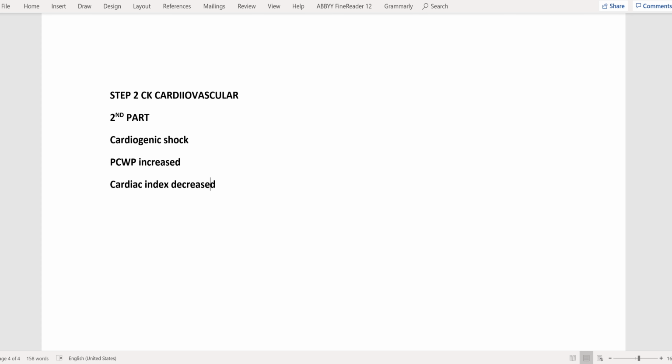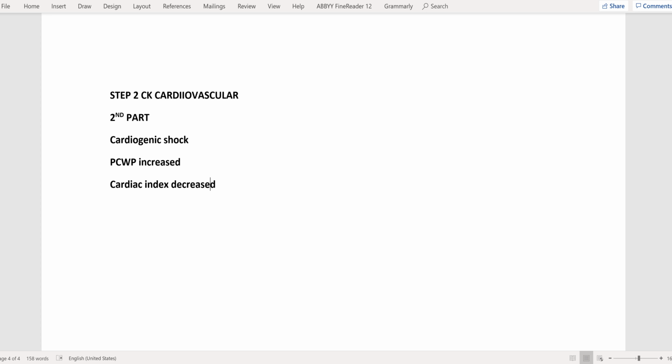Now this is a good one, I think. I want you to tell me if someone has hypovolemic shock, what's going to happen to the cardiac output, PCWP, systemic vascular resistance, and blood pressure? So in hypovolemic shock, they have no volume.